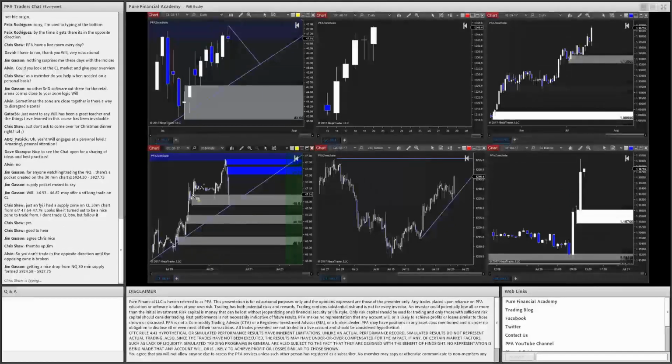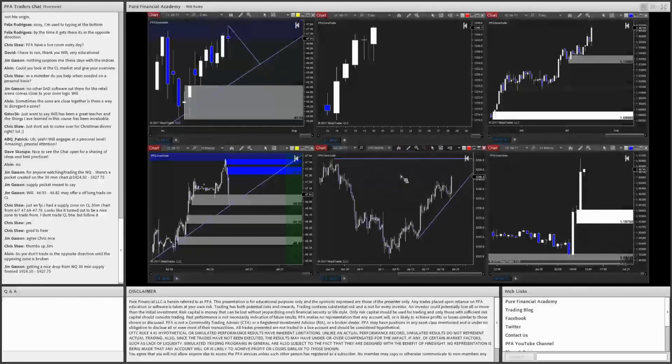Alvin says, so you don't trade in the opposite direction until the opposing zone is broken. I'm glad you asked it in that way, Alvin, because let me help you guys understand something about this. That is a loaded question, right? It's a loaded question because you have to define direction, and define the time frame that direction is on.